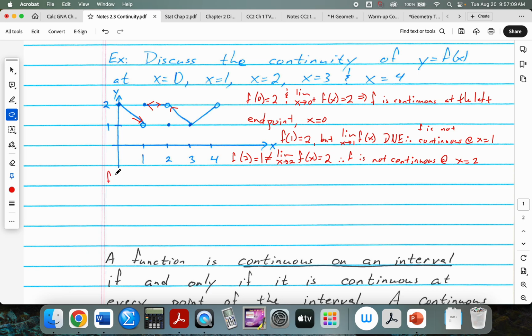All right. Let's move on to 3. What is f of 3? 1. And what is the limit as x approaches 3 of f of x? Also 1. So being hyper lazy, I just write it like this and then stick an equal sign in here. Therefore, f is continuous at x equals 3.